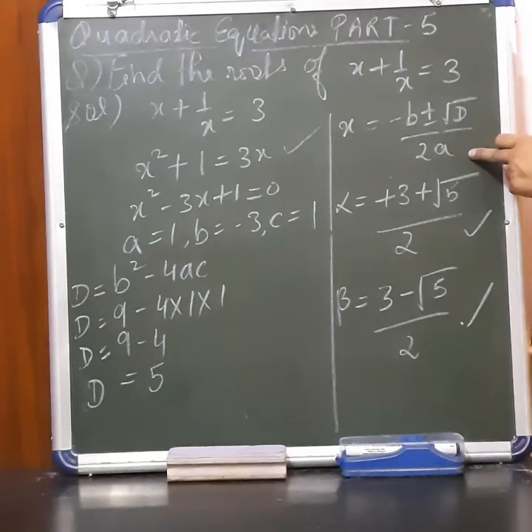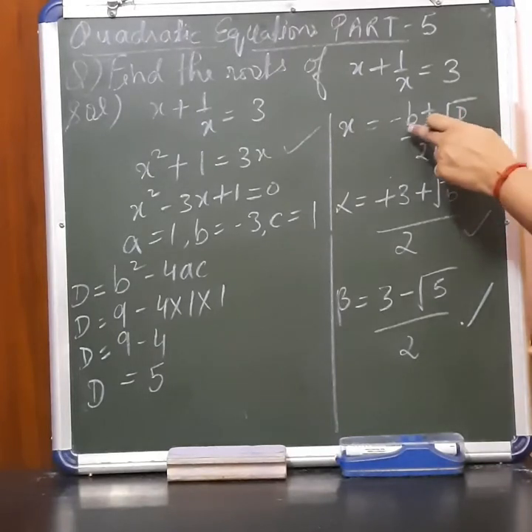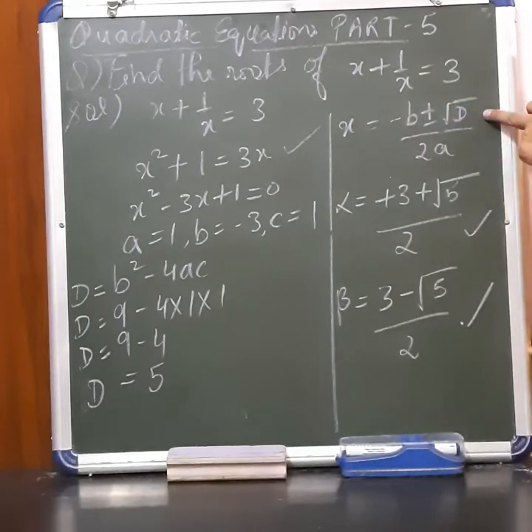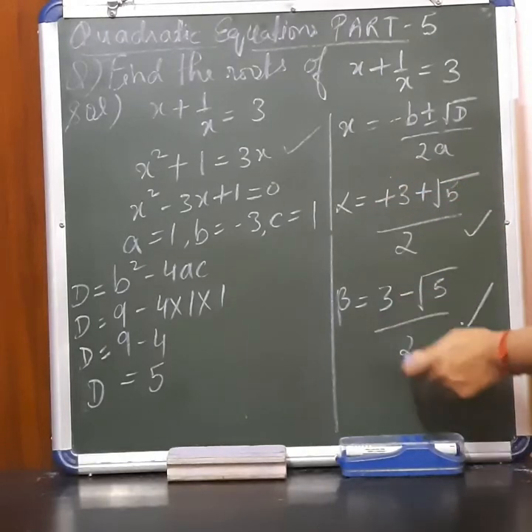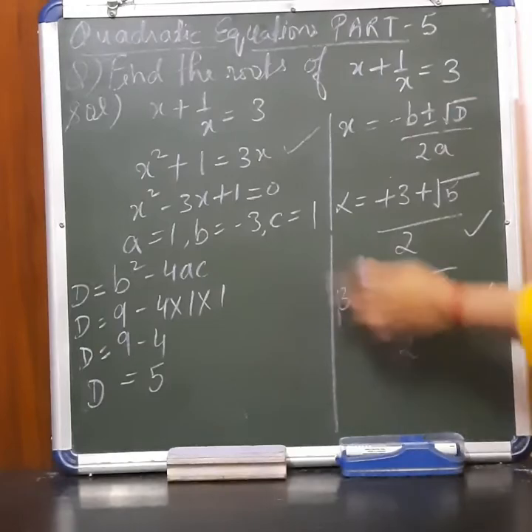In the formula I told you minus b plus minus root b square minus 4ac. Here you can write d also because this is the value of b square minus 4ac. For alpha you will use the plus sign, for beta you will use the minus sign. So this is the solution of this equation.